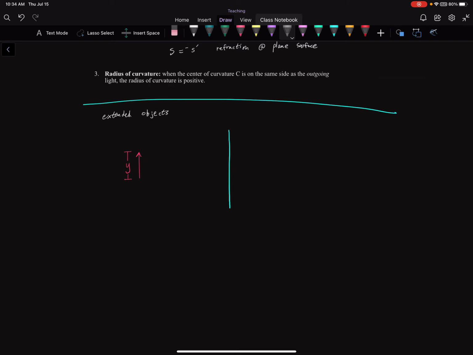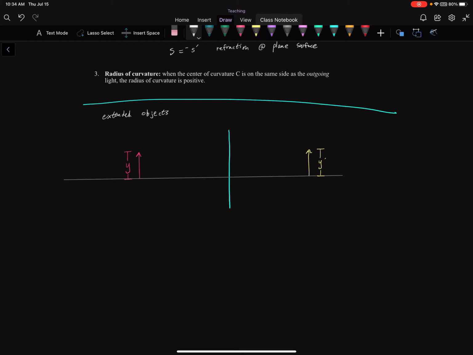And let's say that this is the center of that optical axis, is what we'll call it later. Then you can figure out the extended image, which we'll call Y prime, and the associated height of that extended image.